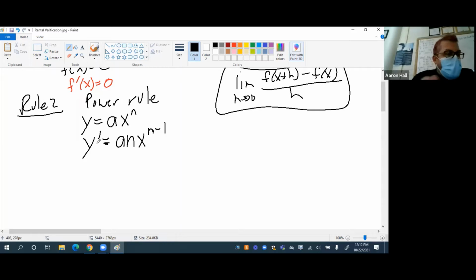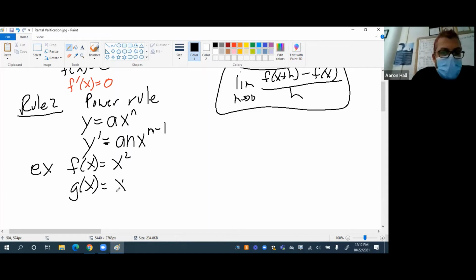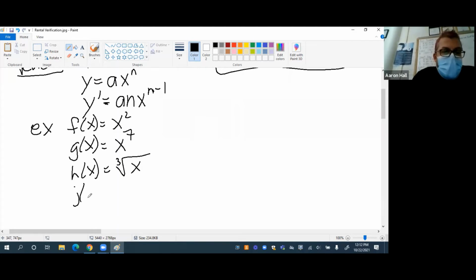Here are some examples. f of x equals x squared, or g of x equals x to the power of 7, or h of x equals the cube root of x. Let's do a j: j of x equals 1 over x to the power of 5.